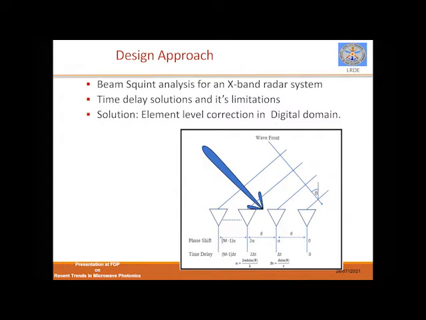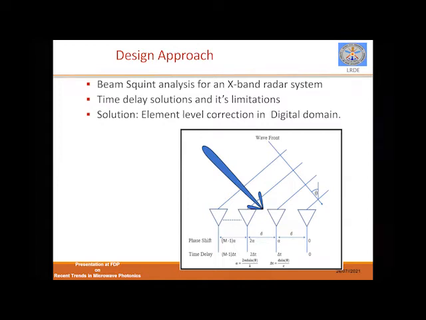But you should also imagine that in modern radar systems, it is not a linear array. We will have two-dimensional arrays, maybe thousands, 2000, 3000, 4000 elements. So you should imagine how difficult it is.